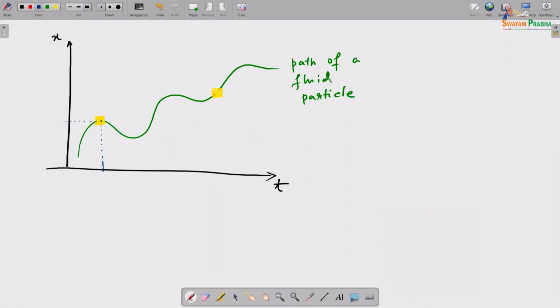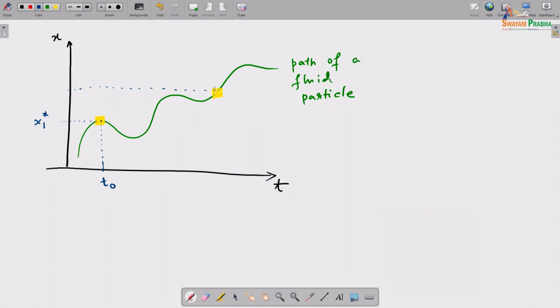Since I am talking about a particle, I am going to label the corresponding properties with a subscript star. Let us say this is x1 star. The star essentially represents the location of a particle of fluid. And this one is at time t naught.